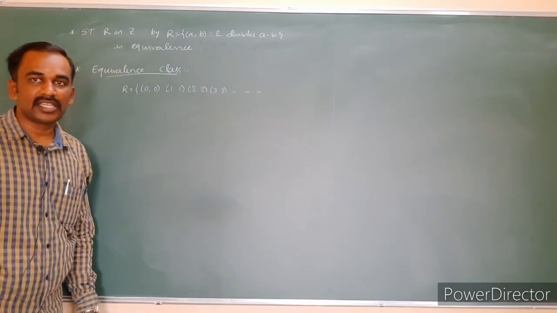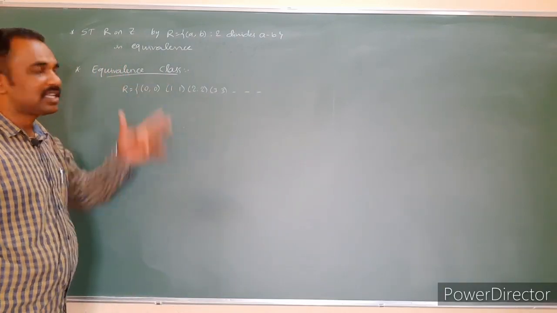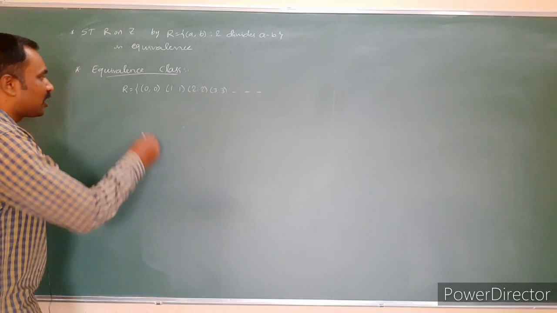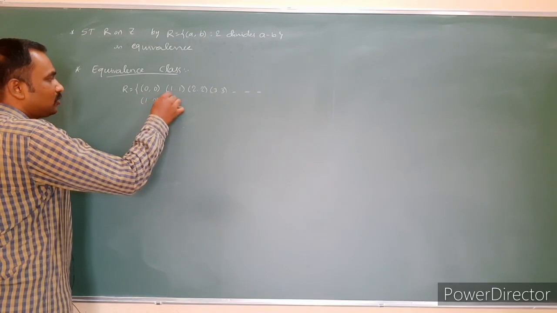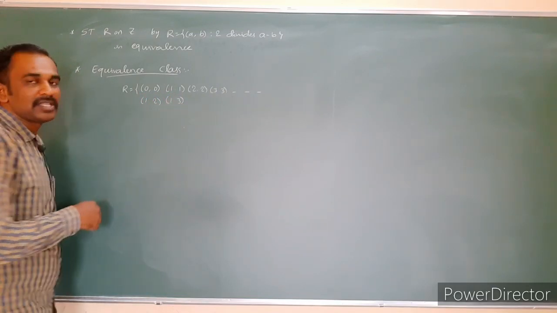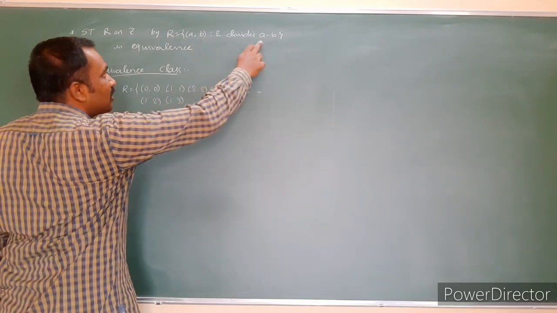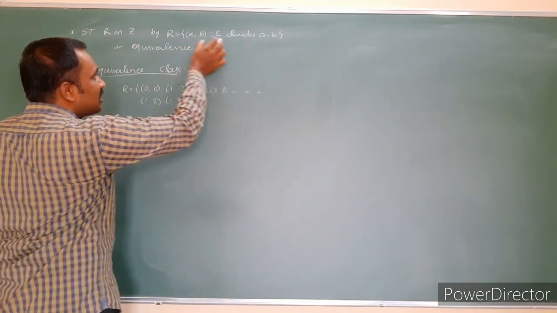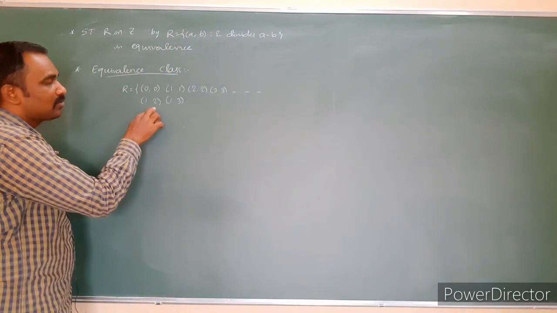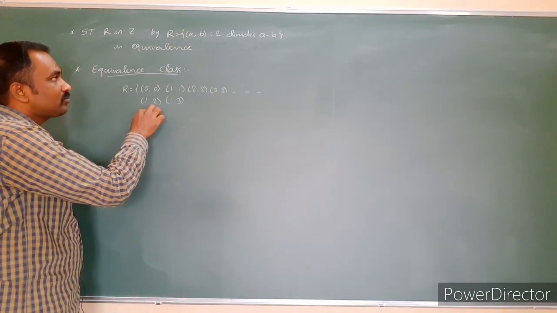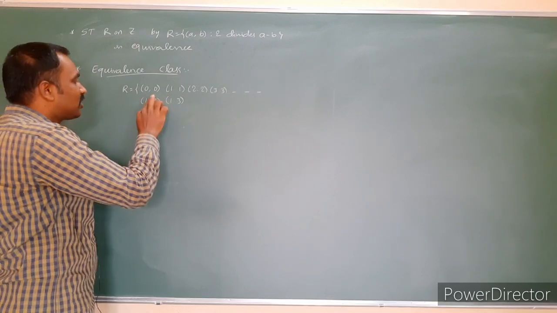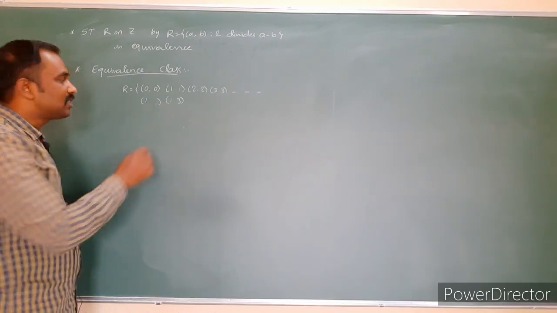All these elements are present because it is a reflexive relation. Similarly, is 1, 2 present or not present? 1 minus 2 is minus 1, and minus 1 is not divisible by 2. It is not present in the relation.